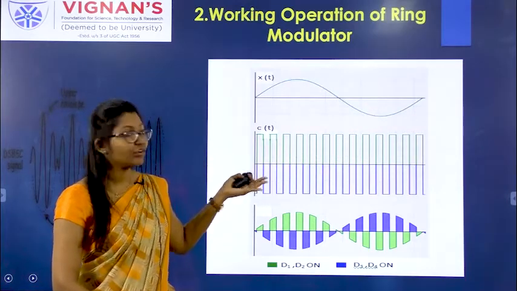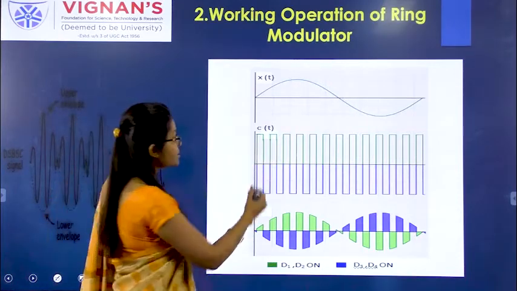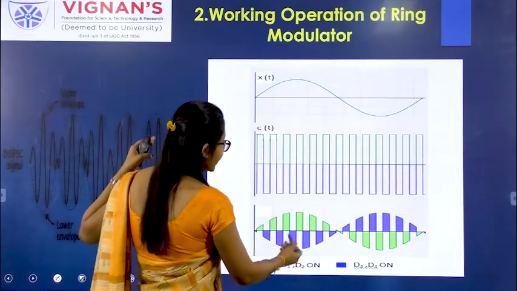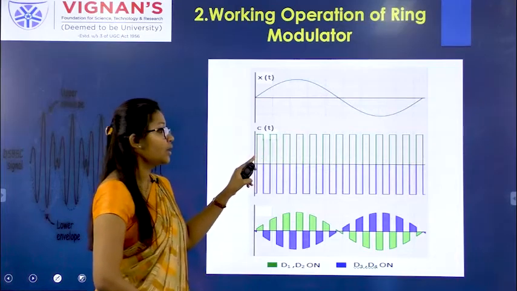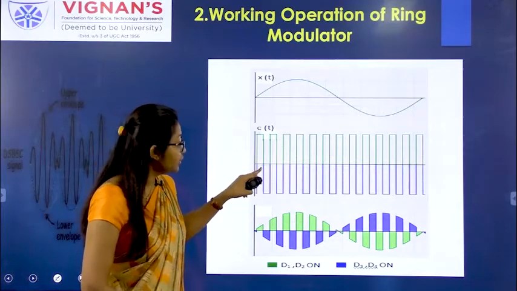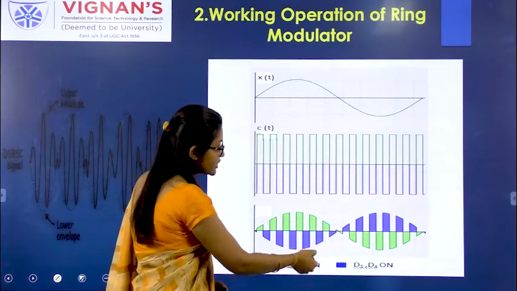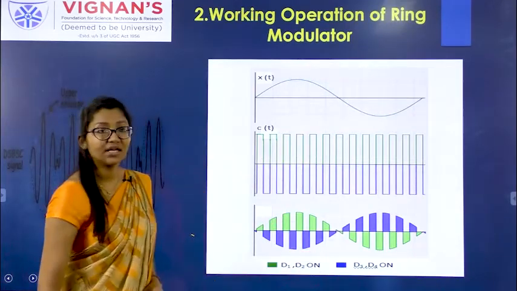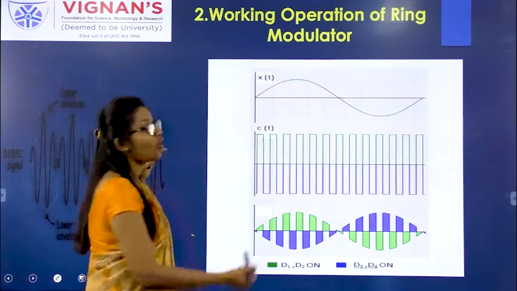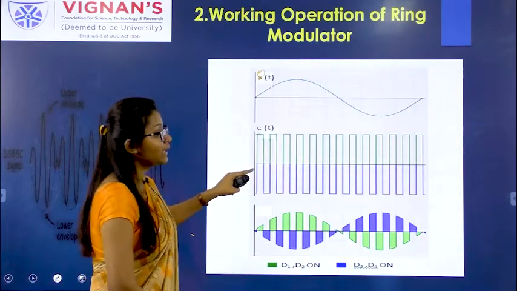Normally the carrier signal is a sine wave, but here we have considered the carrier signal as a square wave, on and off, positive and negative. When diodes D1 and D2 are on, you get the positive half cycle. When diodes D3 and D4 are on, you get the negative half cycle. That is what we represented here, and this is the DSB-SC signal. The DSB-SC signal is generated when m of t, the message signal, is multiplied by c of t, the carrier signal.